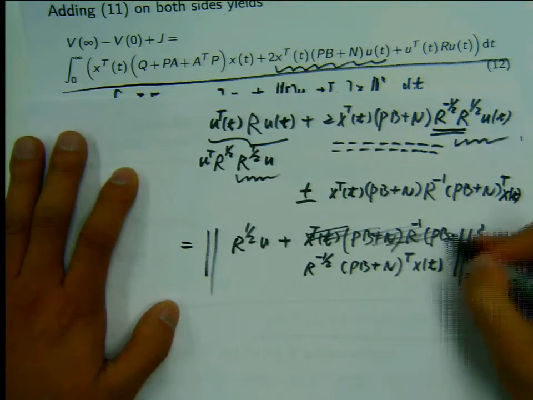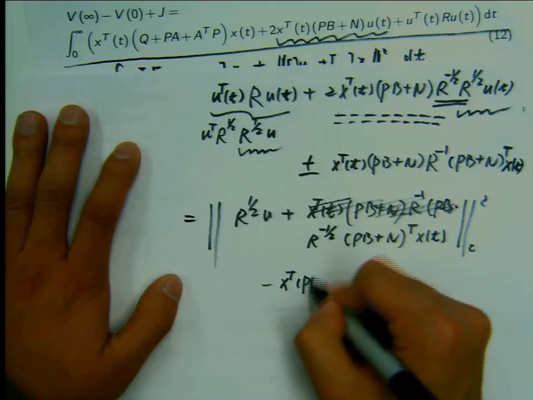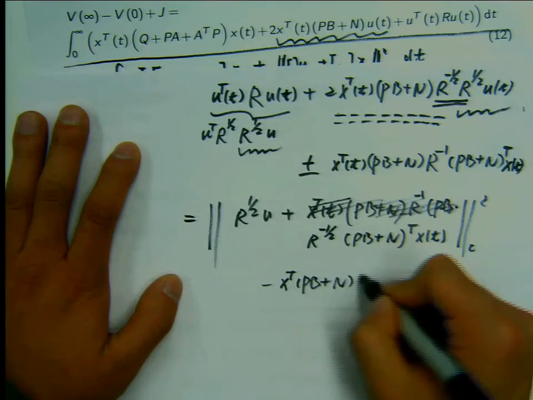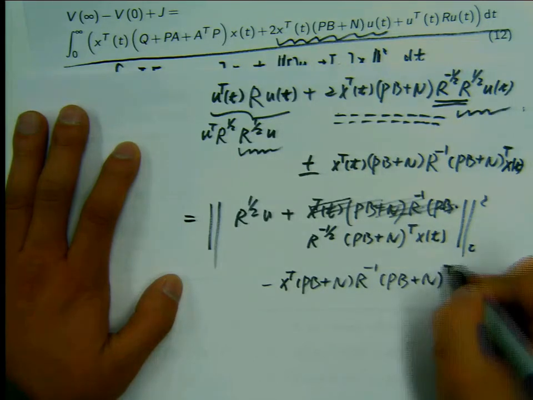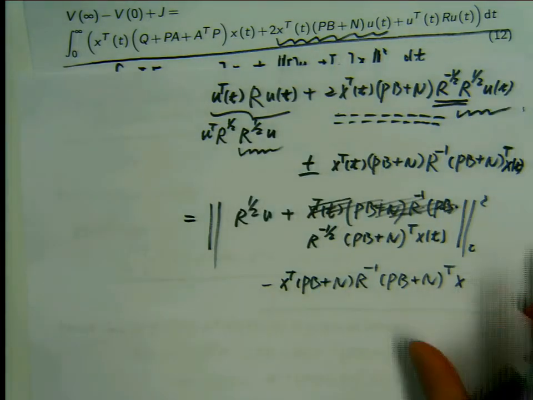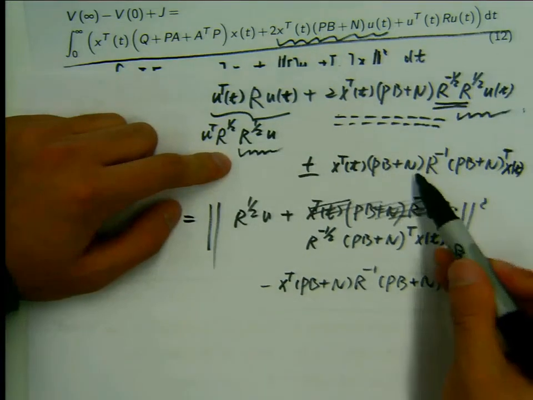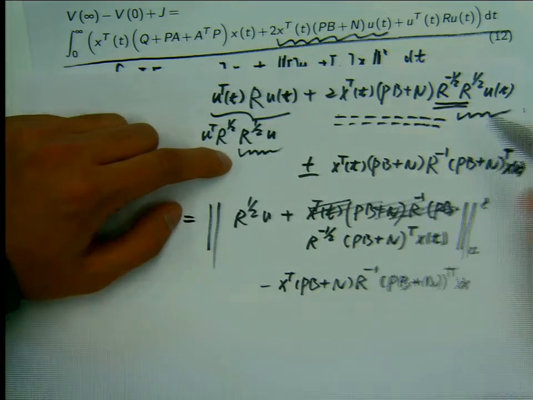So let me finish up the equation first and then explain it. I have added and subtracted this quadratic term of x to complete the squares.